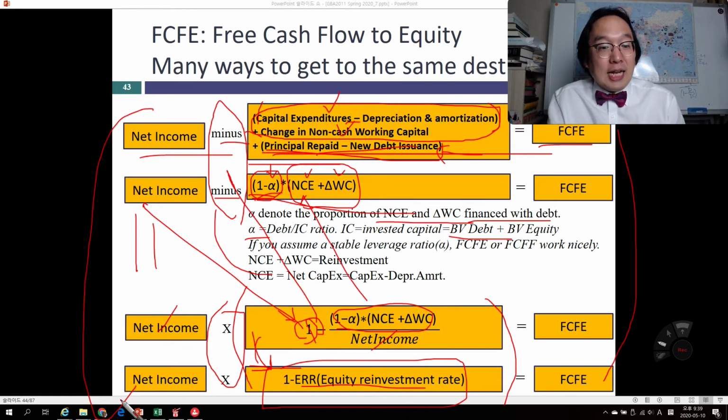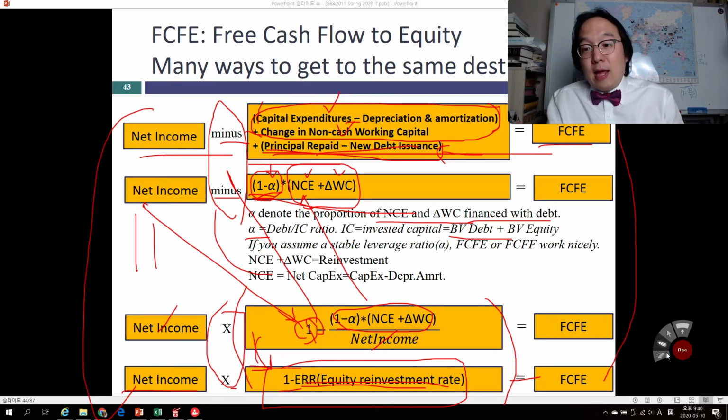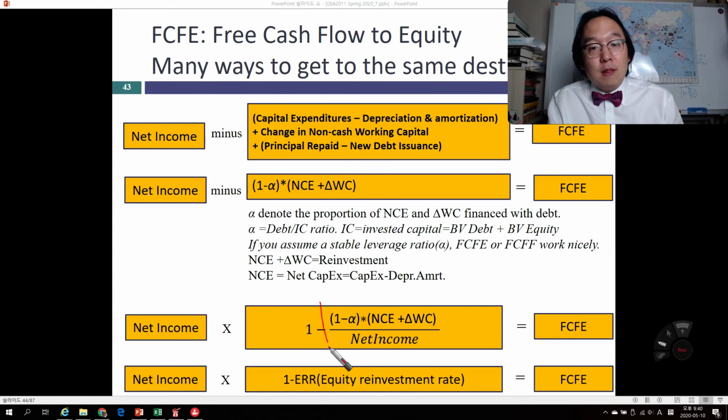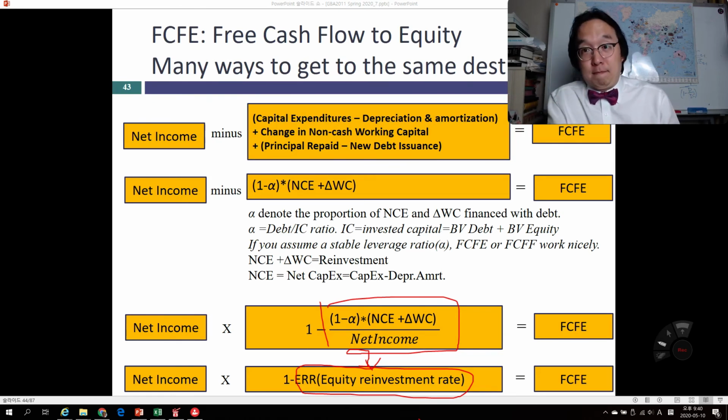Net income times 1 minus equity reinvestment rate, that is your free cash flow to equity. What is equity reinvestment rate? This ugly term over here, we are just labeling it as equity reinvestment rate. The proportion of reinvestment coming from equity holders' pocket, that's equity reinvestment rate.